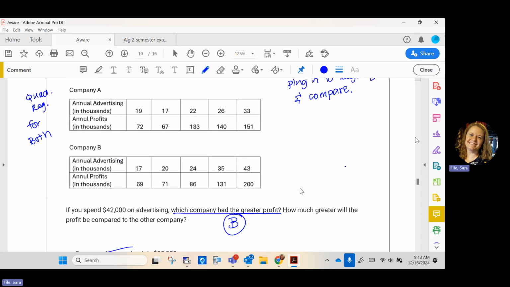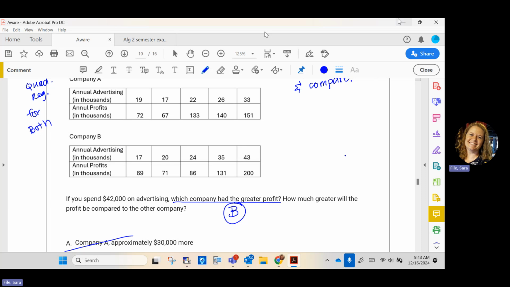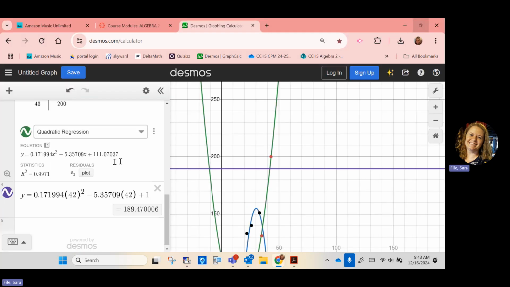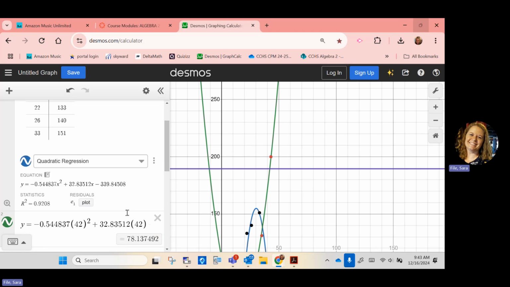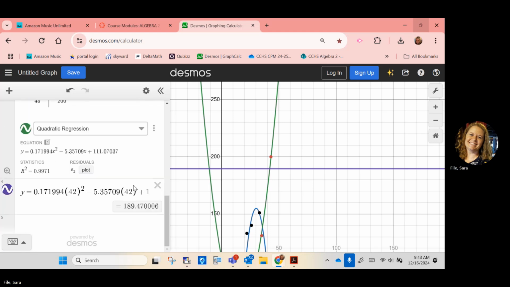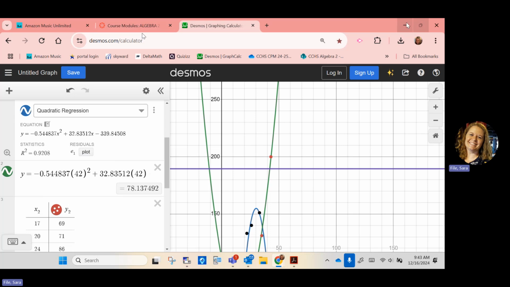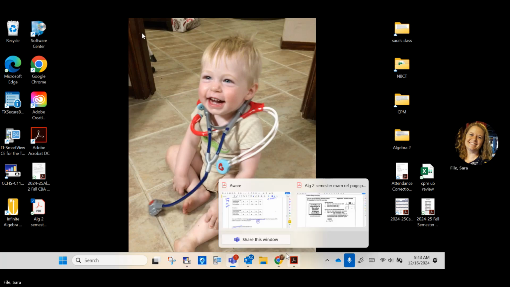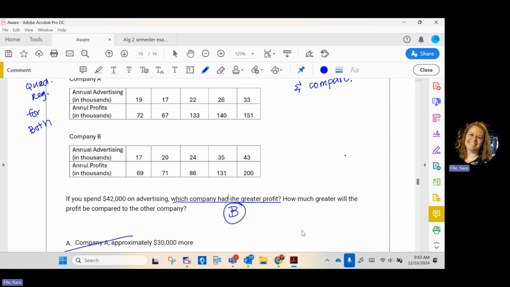But definitely B, company B had the higher profit, 189,000 versus the 78,000. I think there's a typo somewhere in one of those tables on the actual review, but that's okay, it happens.